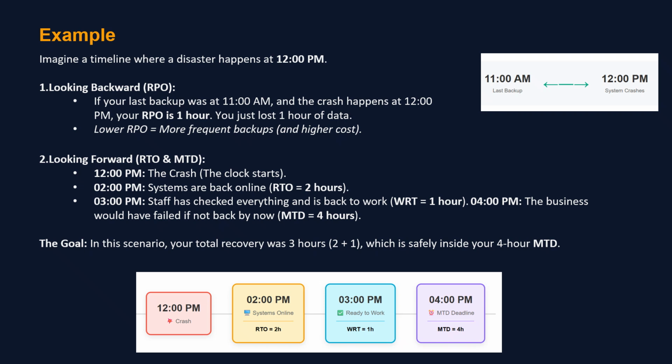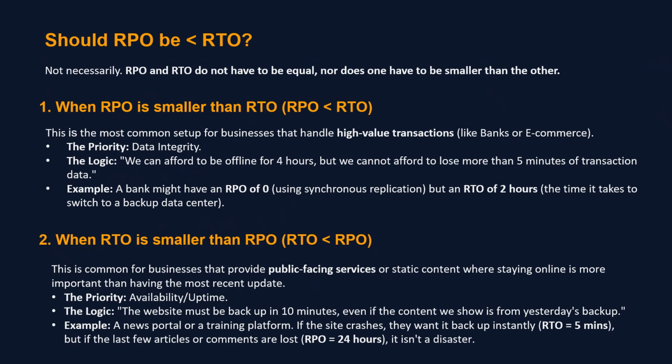Does RPO need to be less than RTO? The answer is, not necessarily. RPO and RTO are independent metrics and do not have to be equal. Case 1, RPO less than RTO. This is common in banks and e-commerce platforms. Priority: data integrity is more important than immediate availability.